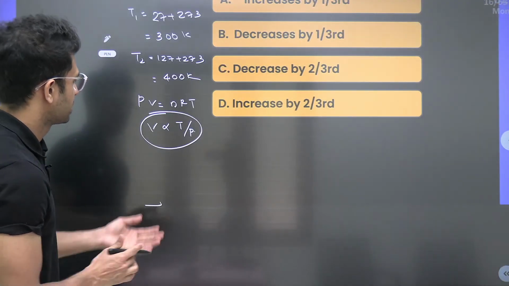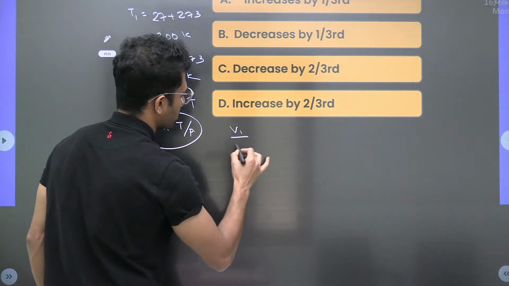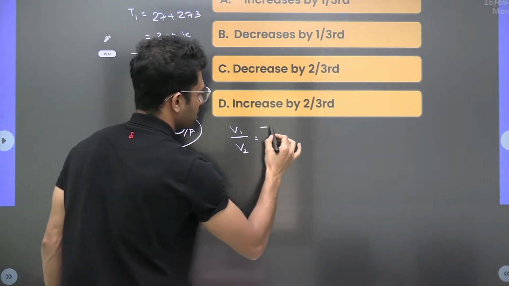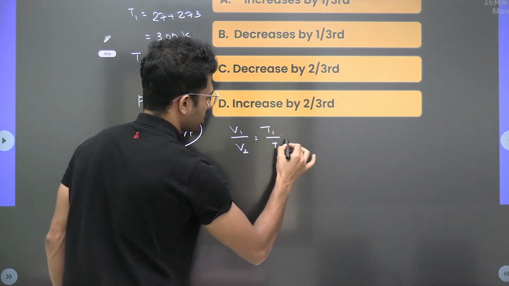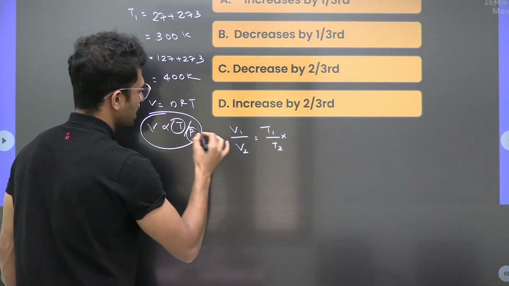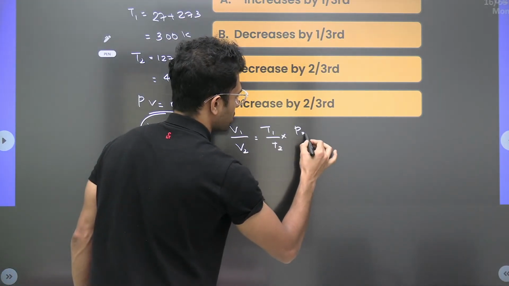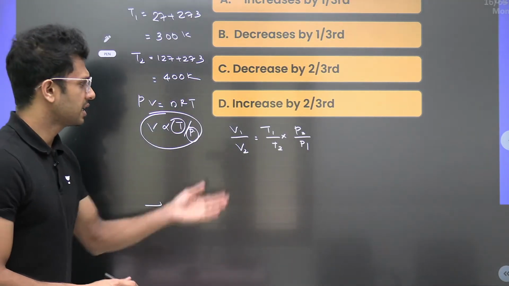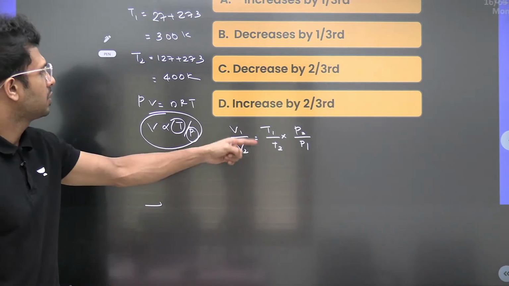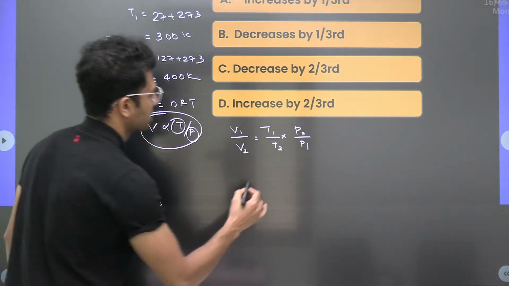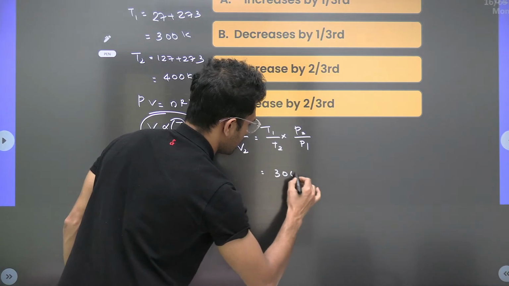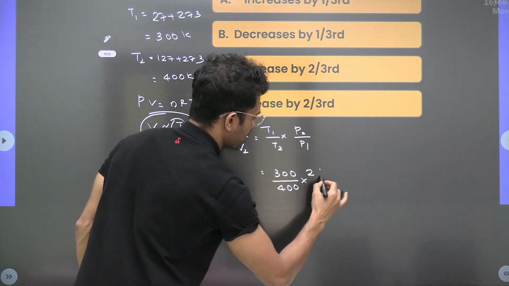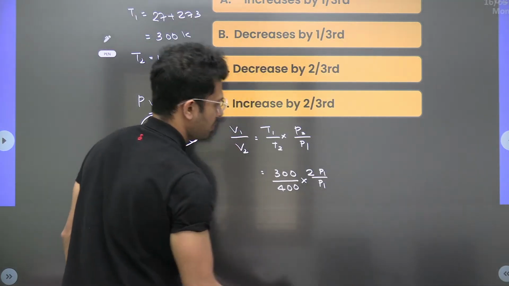That's it. So V1 by V2 will be equal to, as it is directly proportional to temperature, T1 by T2, into, as it is inversely proportional to pressure, P2 by P1. Any doubt? No, right? Now start substituting. That's all. T1 by T2. What is T1? 300, right? T2 is 400, P2 is equal to 2 times P1 by P1.